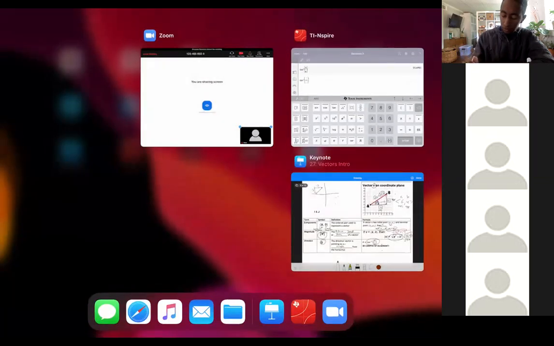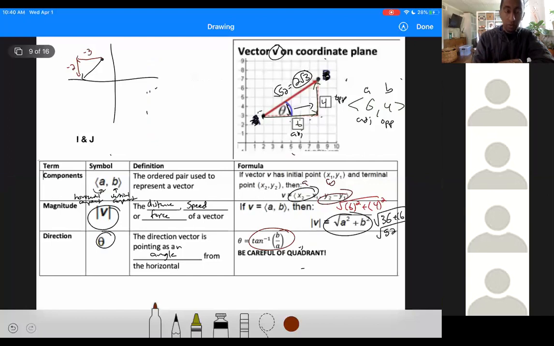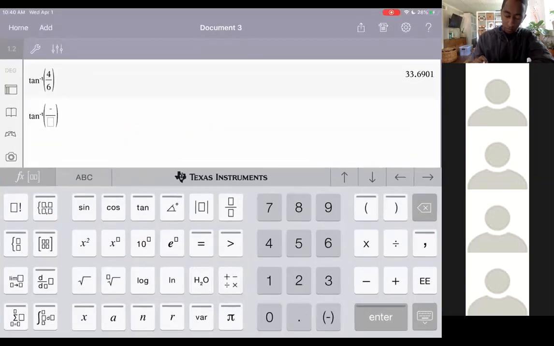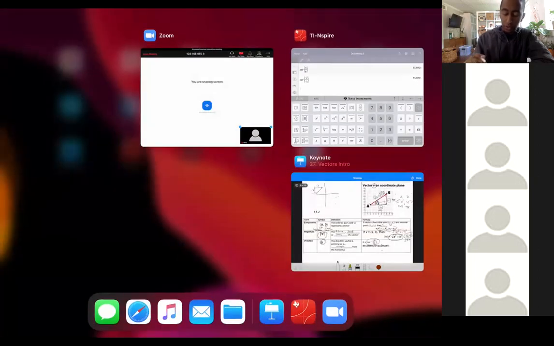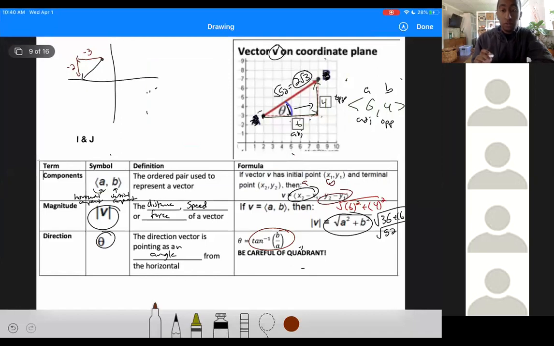So our b would be -2 over -3. So that's going to be 33.6. That's actually the same thing simplified. But the 33.6 is not our direction because we have to be careful of the quadrant. The 33.6 is this.